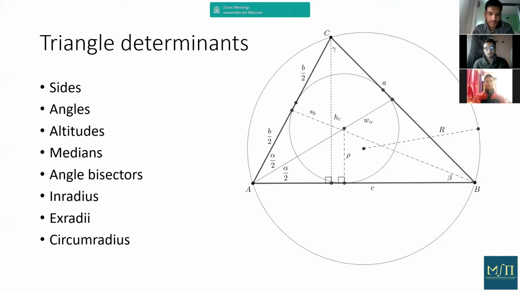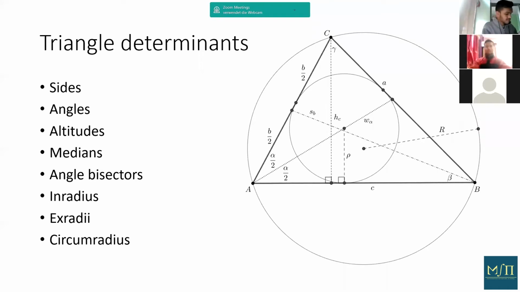All of these things are interesting determinants, and it turns out that if we choose more or less any three of these things, and there are a lot, obviously, we can construct triangles from these three determinants. Now, there are some cases where things are not possible with Euclidean methods. There are some very obscure combinations of these things that we can try that simply don't work. There are some combinations that aren't unique.